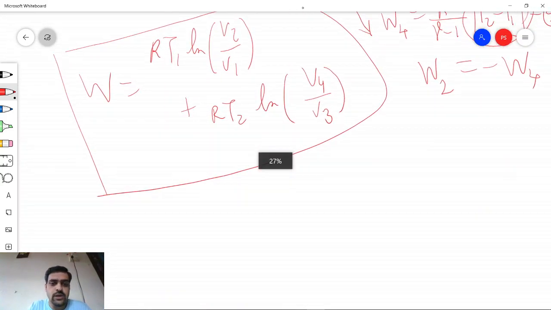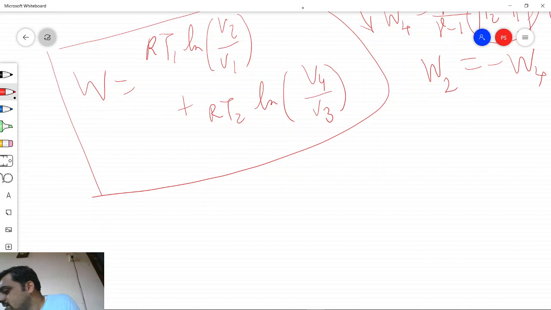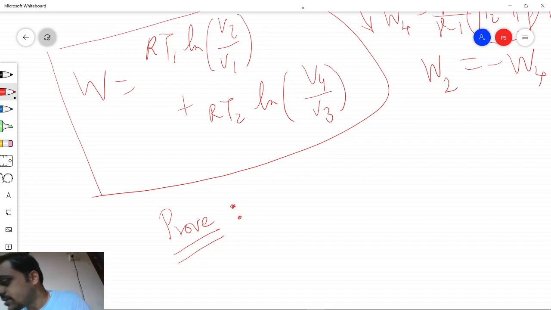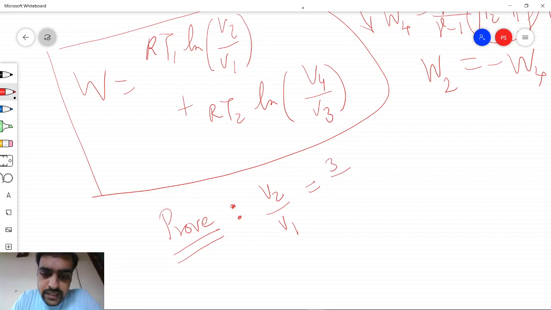Now let us look at this. Let us try to simplify this expression further. We can prove, let us skip some steps, we can prove by using a simple algebraic analysis that these ratios V2 by V1 and V3 by V4 are same.